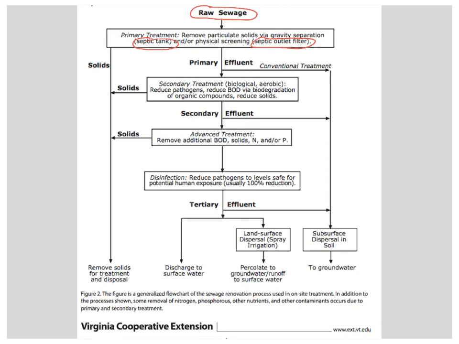This is the focus, where we're following this line to remove solids, and then have some sort of disposal of our liquid effluent. The other side of this diagram is much more conventional treatment, with a sewerage system and a centralized wastewater treatment plant.